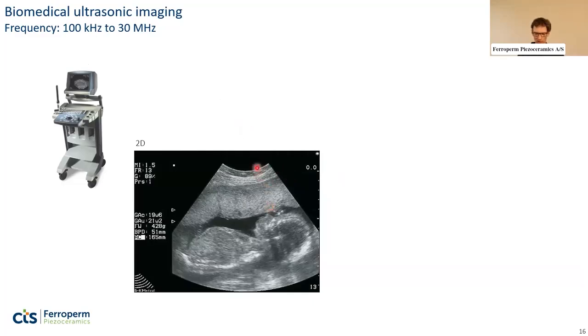This is a standard baby scanning or ultrasonic imaging of a fetus, where the frequency may be typically a couple of megahertz, but ultrasonic imaging can be used even down to a few hundred kilohertz, or maybe 100 kilohertz, depending on how deep you need to go in the body and how high resolution you need. So for very high resolution, if you need to distinguish small details, you actually need to go to a very high frequency.